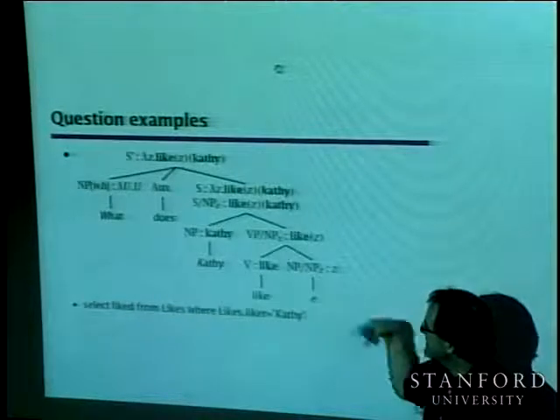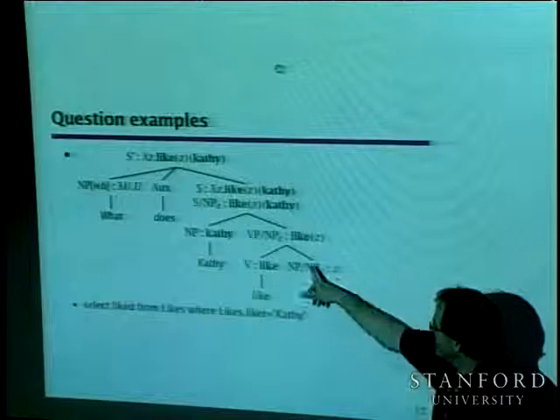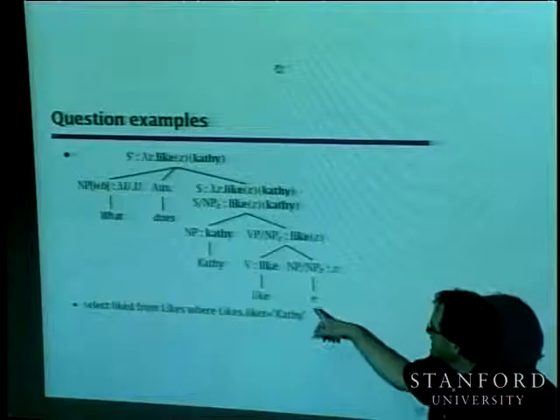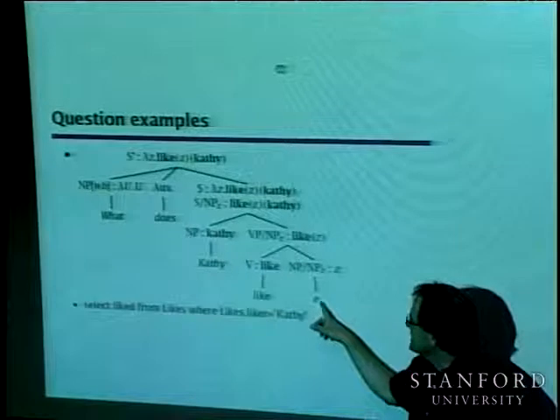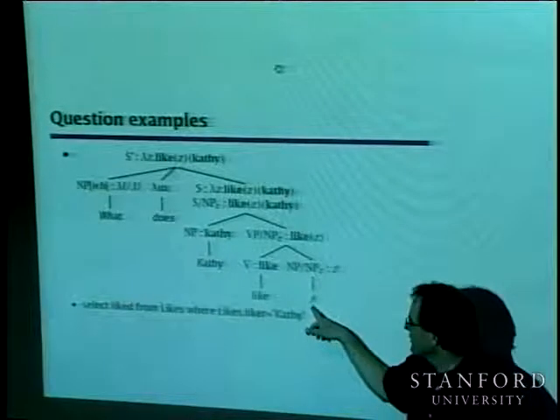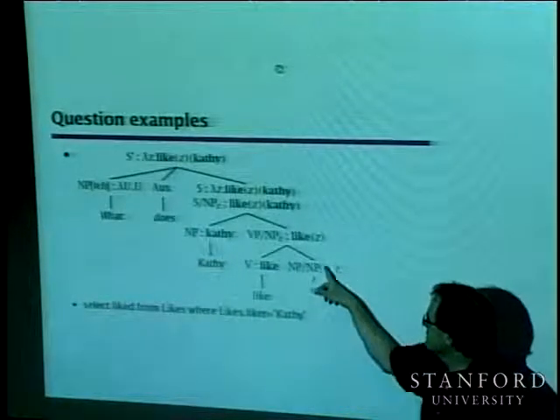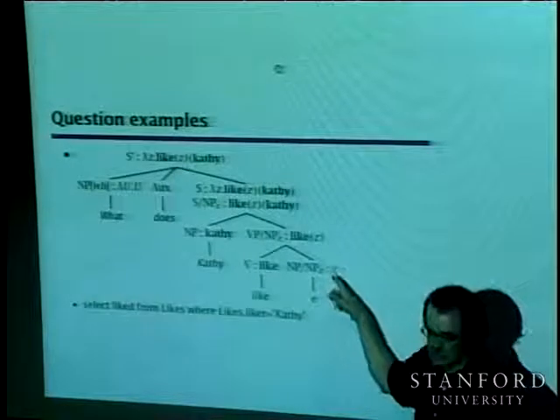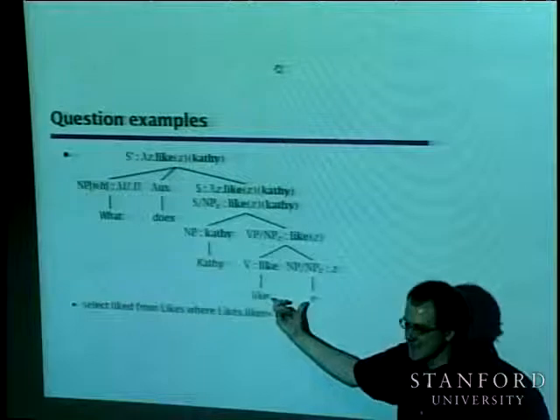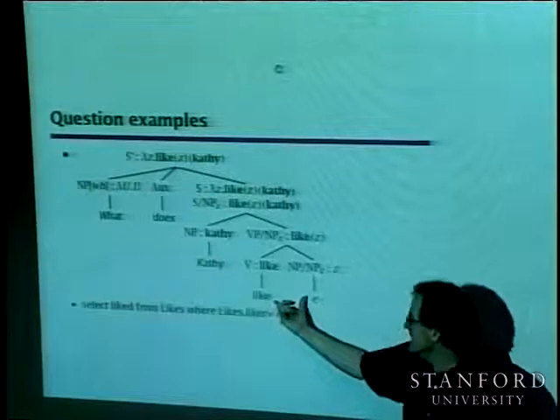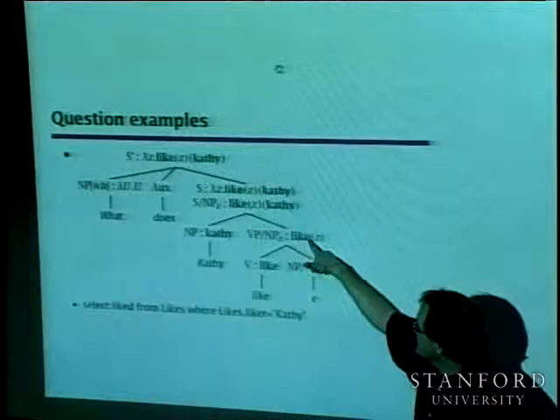So here's an easy case which I'll use to illustrate this gap threading idea. So what does Kathy like? The idea is we actually have empties in our grammar now. So there's a missing object of like, which is introduced with this variable z, an individual meaning. So this has a meaning of z, but we don't actually know who z is yet. So here's like z as the meaning.